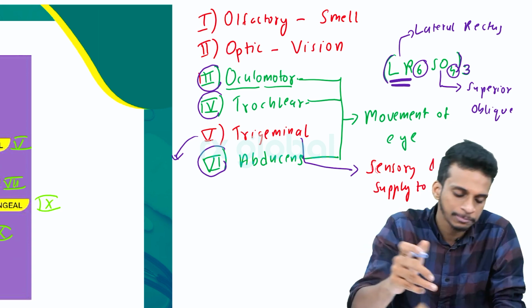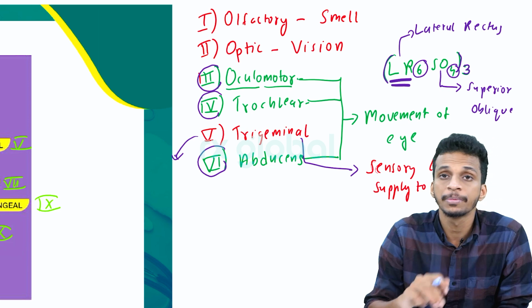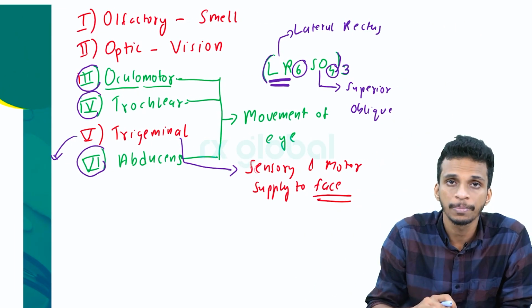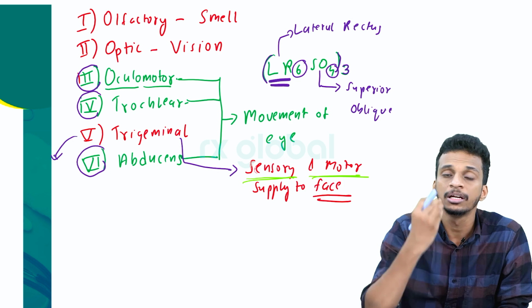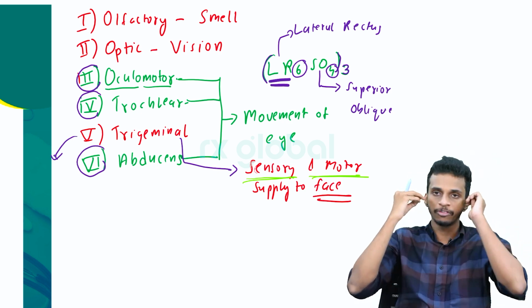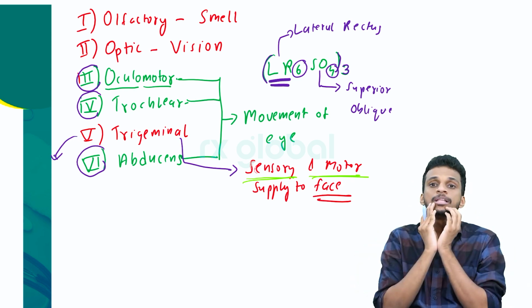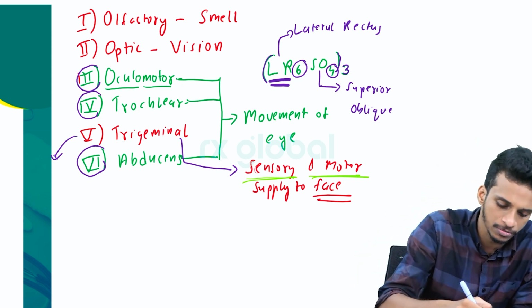Just know that trigeminal helps with the sensory and motor supply to the face. Sensory means it takes the touch and pain sensation from my face to my brain, and it helps with the movement of the muscles of mastication. Abducens we have already discussed.